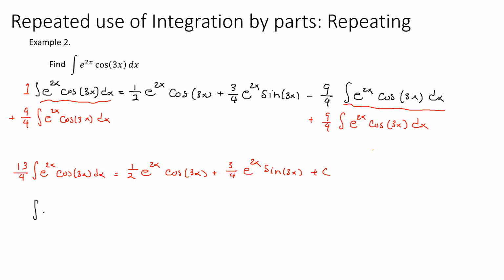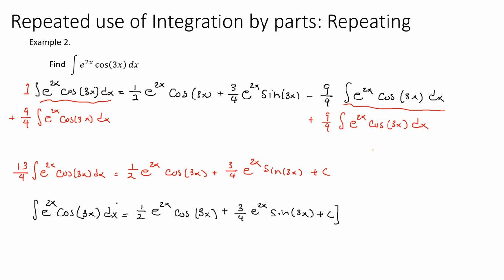So 1 integral of e to the 2x cosine of 3x dx will be 1/2 e to the 2x cosine of 3x plus 3 over 4 e to the 2x times sine of 3x plus c. This whole thing will get multiplied by 4 over 13.